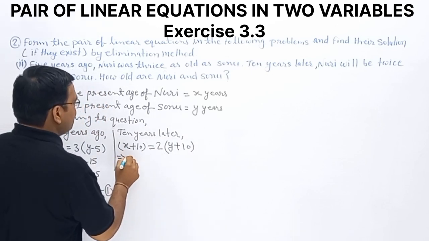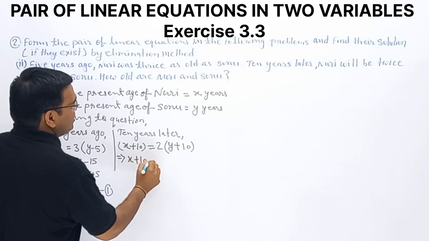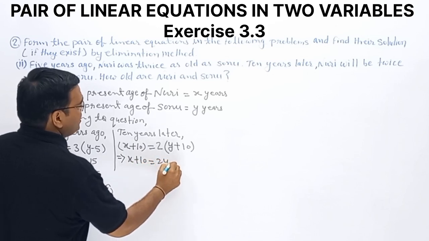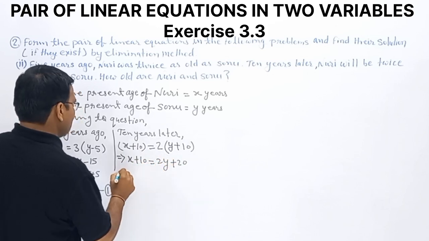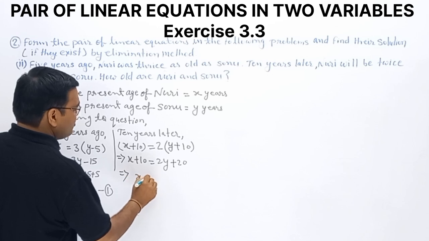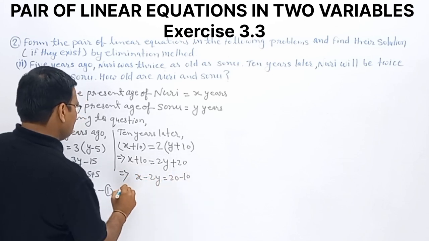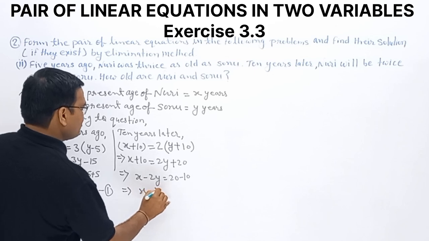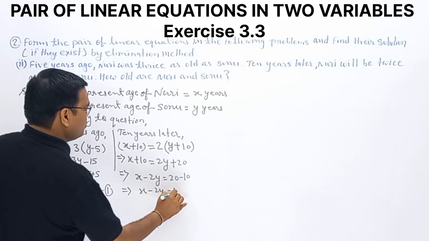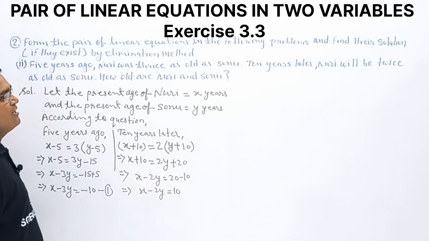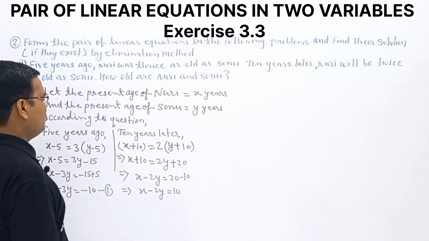Now solve this one. x plus 10 equals 2y plus 20. Solving, x minus 2y will be 20 minus 10. We can say x minus 2y equals 10.